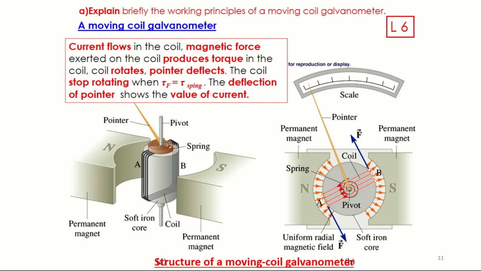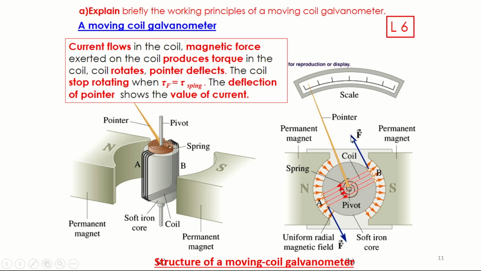When there is a current in the coil, the coil rotates in response to the torque tau equals NIAB applied by the magnet. This causes the pointer attached to the coil to move in relation to the scale.